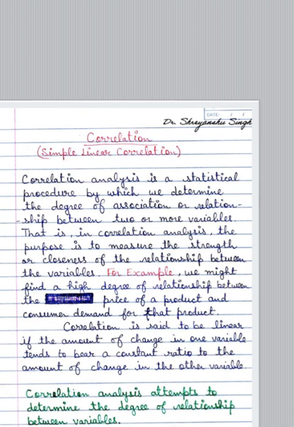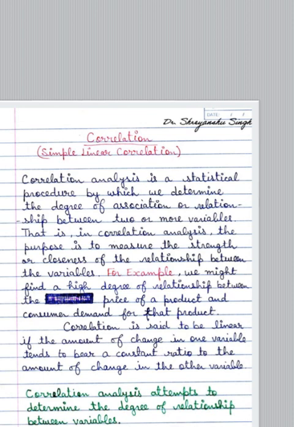For example, we might find a high degree of relationship between the price of a product and consumer demand for that product. Correlation is said to be linear if the amount of change in one variable tends to bear a constant ratio to the amount of change in the other variable.